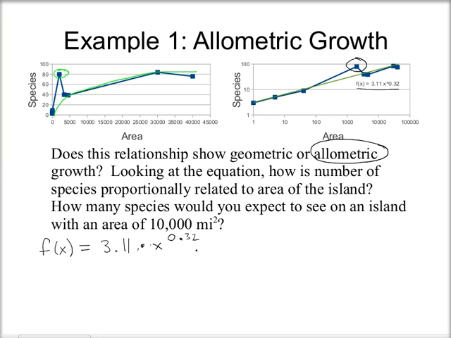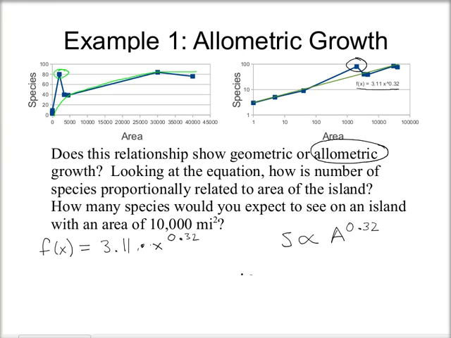So I said that the power is the same as the slope of the line in a logarithmic graph, and this tells me that f of x, the number of species, is related to the area of the island to the power 0.32.